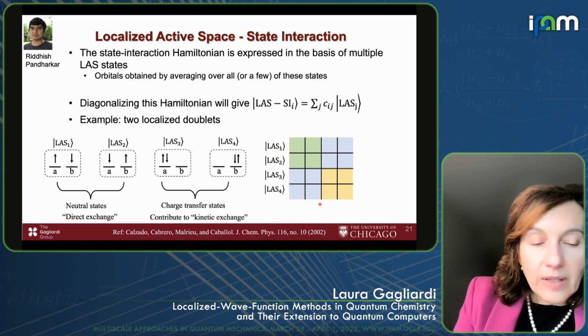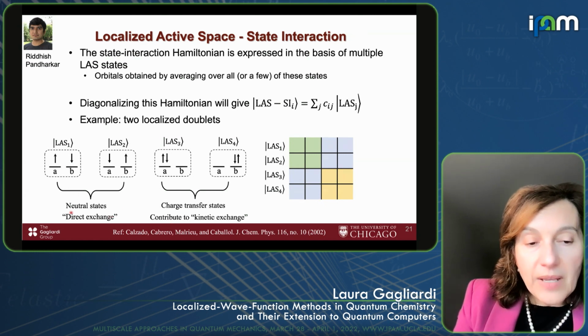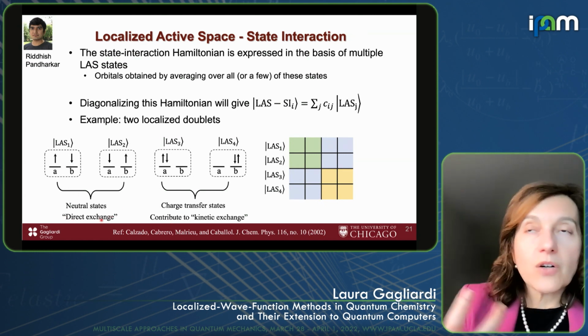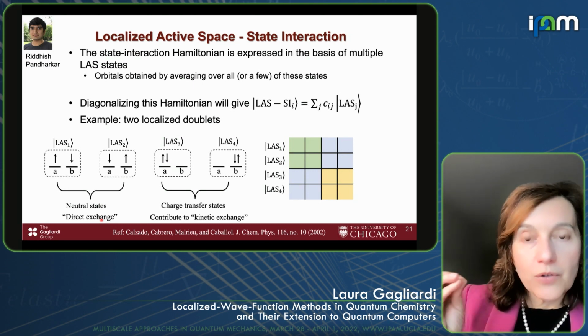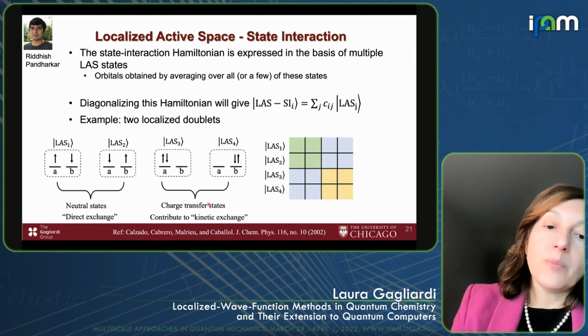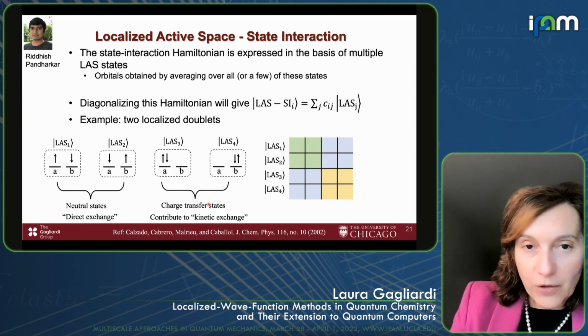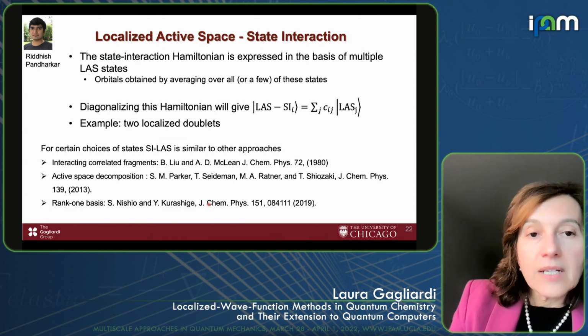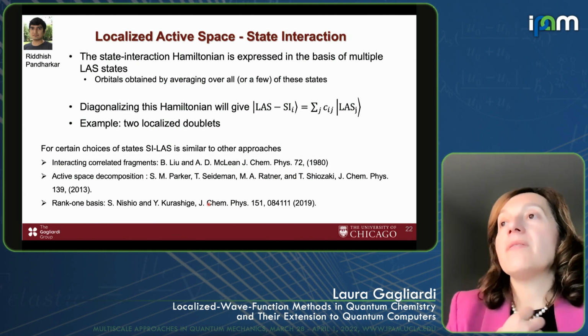And we can think that the neutral states basically describe what is called direct exchange between the two metals. The charge transfer states describe more the kinetic exchange. So how does this method eventually work?